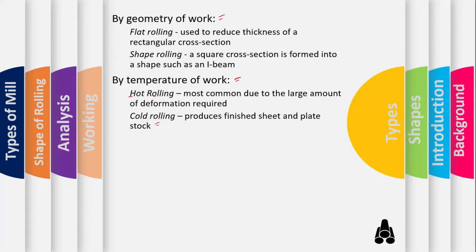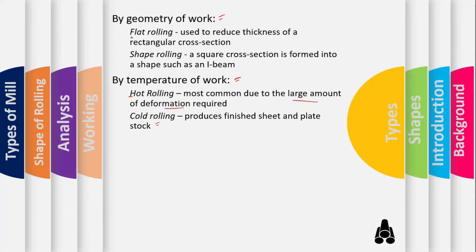If we are performing the hot rolling, our main purpose is to produce a large amount of deformation. Our main purpose of the hot rolling would be to cause significant plastic deformation or shape change, while if you are performing the cold rolling, our purpose would be to produce high strength sheets or to increase the strength of the material, the workpiece.